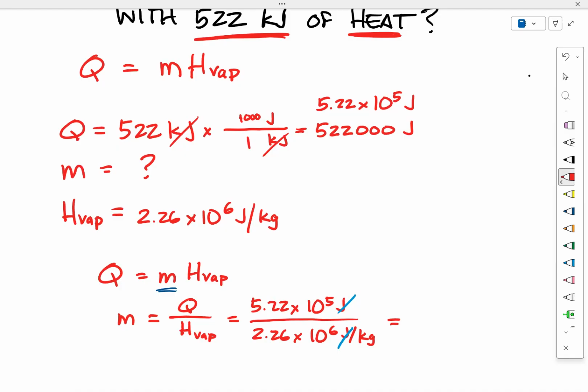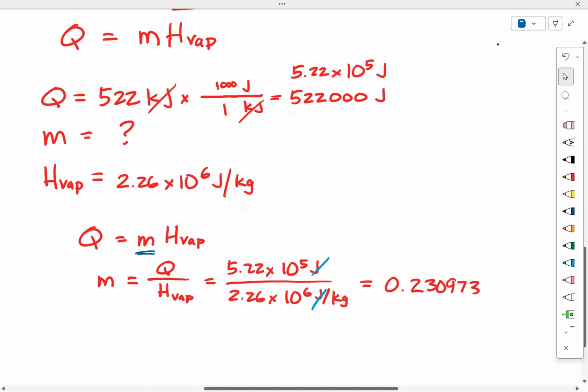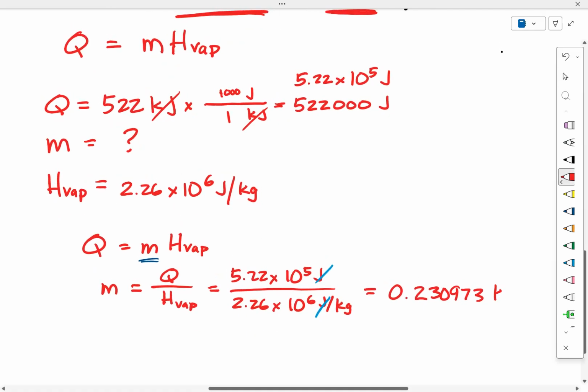This one comes out to 0.230973. More digits than we need, so let's round that off. This is kilograms. We get 3 significant digits, so we'll say 231 kilograms.